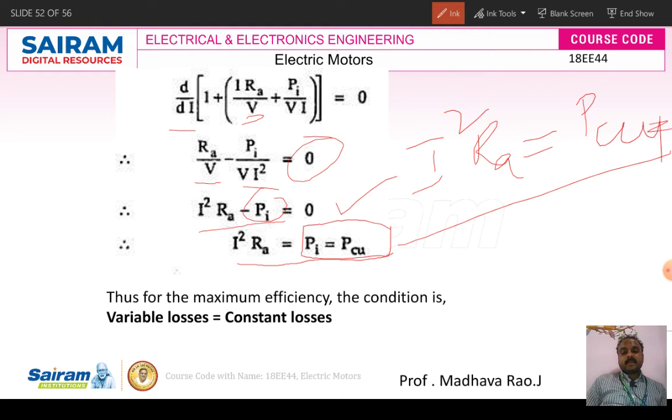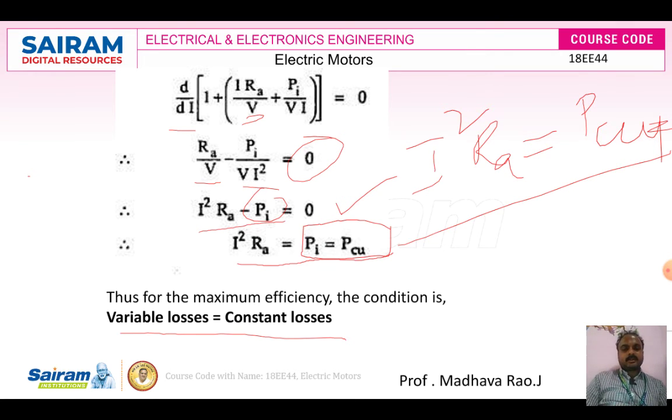The condition for maximum efficiency is that variable losses, the copper losses, equal constant losses, which are the iron losses. When copper losses and iron losses are equal, we get the maximum efficiency from the DC machine, whether it is a DC generator or a DC motor.